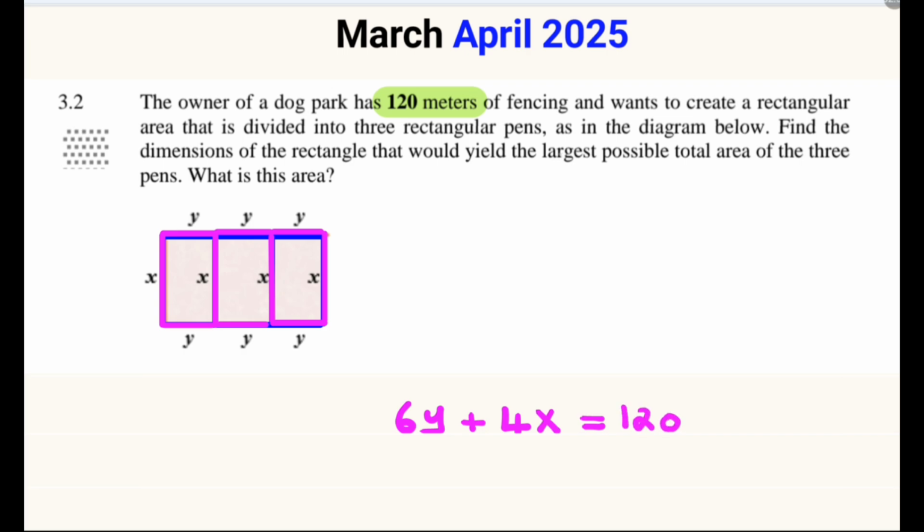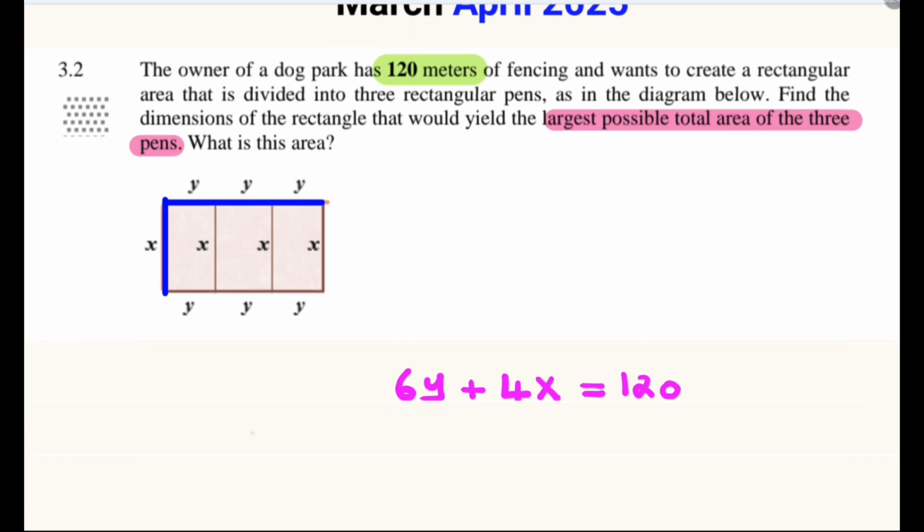And we have to determine the largest possible total area of the 3 pens. So area is calculated as length times breadth. So we have y, which are 3, so we have 3y multiplied by 1x.